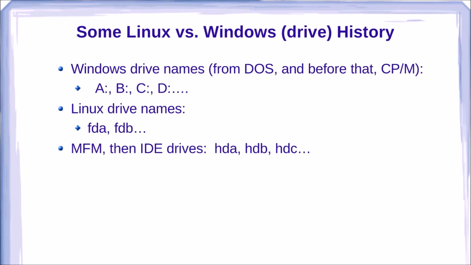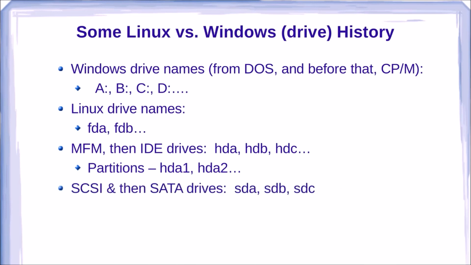And they were called HDA, HDB, HDC, obviously HD meaning hard drive. And the partitions, separate chunks of the hard drive that were mounted in different places or used for different folders, were HDA1, HDA2. If you had a second hard drive, its partitions would be HDB1 and HDB2.